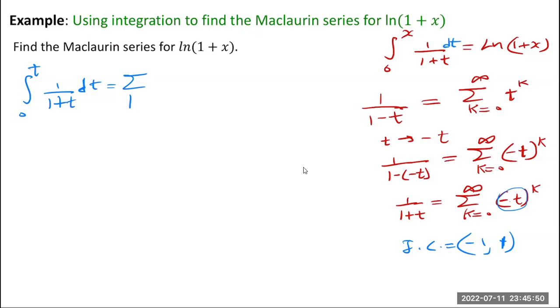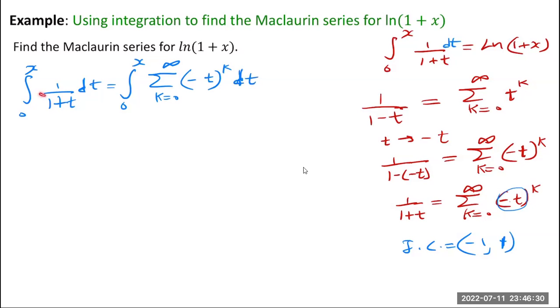Let me write the full statement. Integration from 0 to x, pardon me, here it should be 0 to x. I know that 1 over 1 plus t is sigma k goes from 0 to infinity of (minus t) to the power k dt.